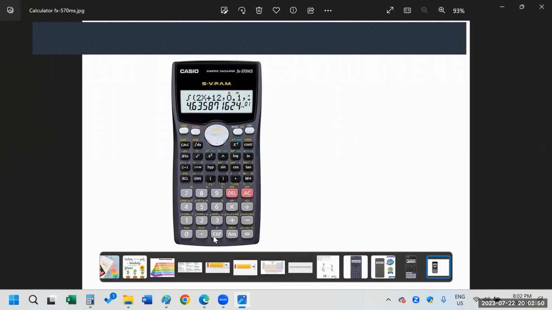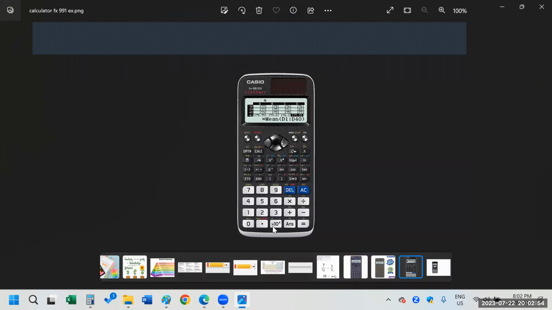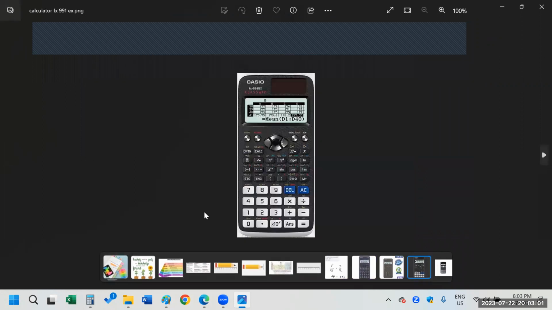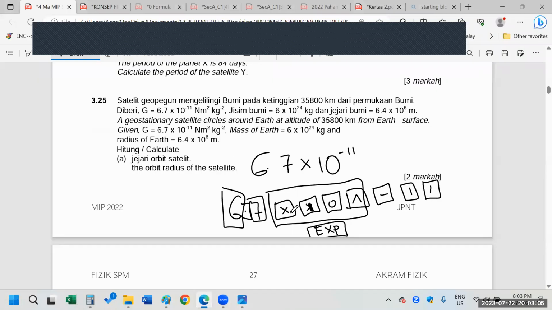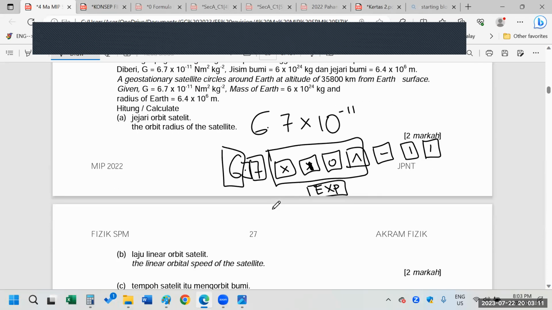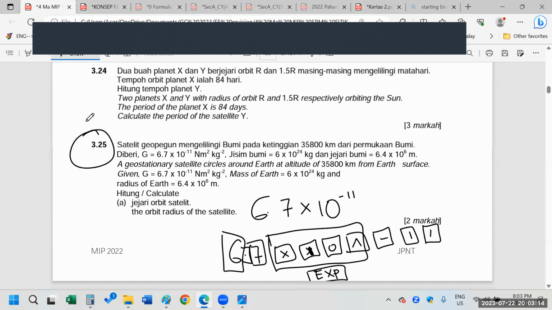Or exponent, just beside answer, just on the left hand side of the answer. Different calculators show different way. Okay, it's a must. It will help you reduce mistake. Okay, so be careful about settlement.